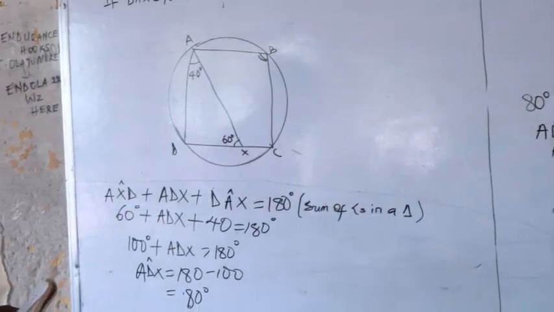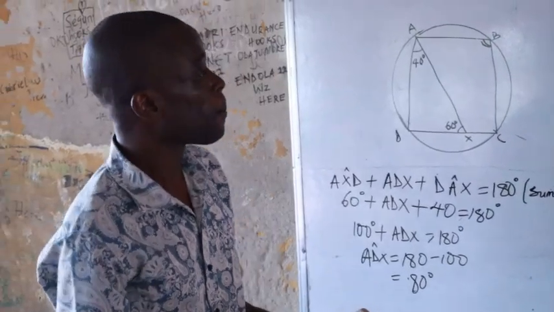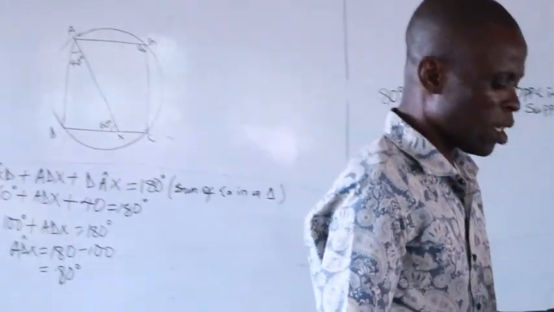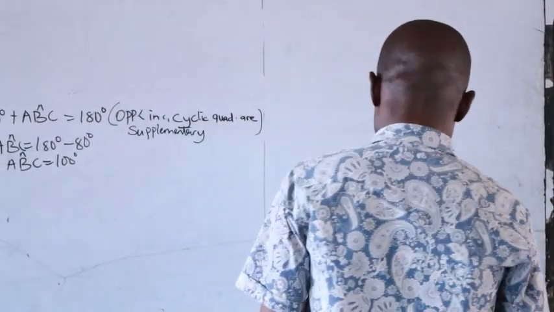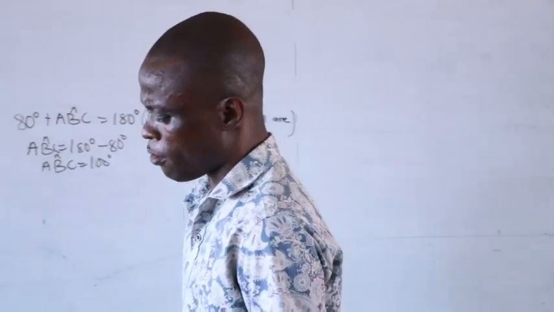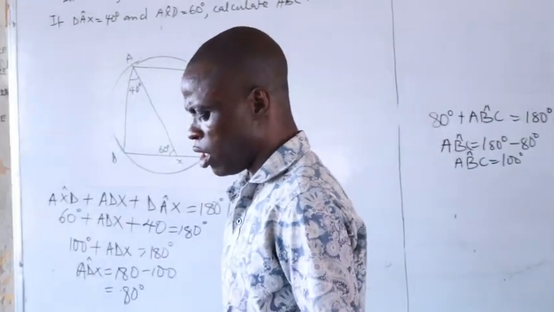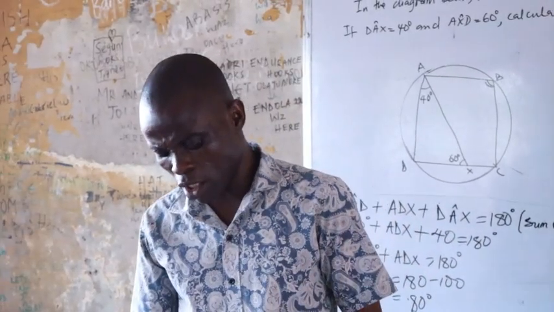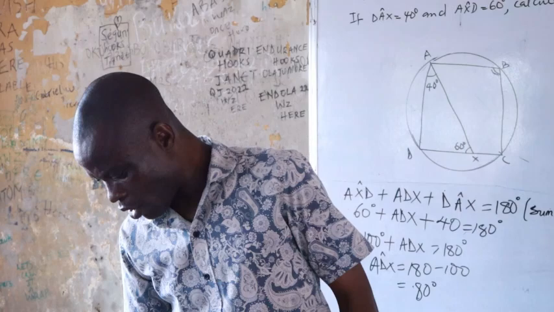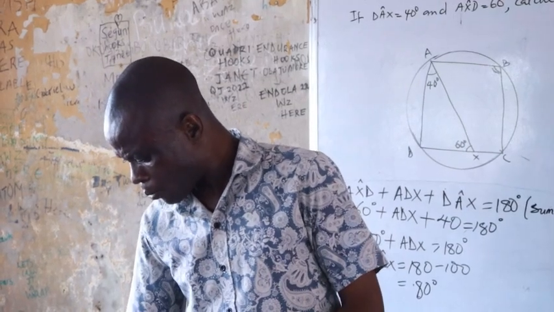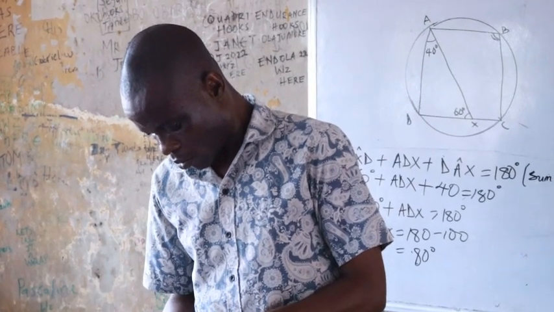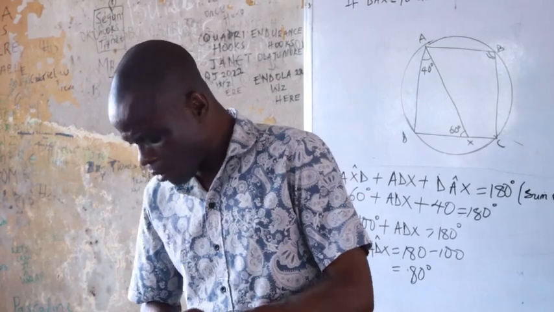Now, right, in the diagram below, this is another question. In the diagram below, calculate the value of x, giving a reason for each step in your answer.